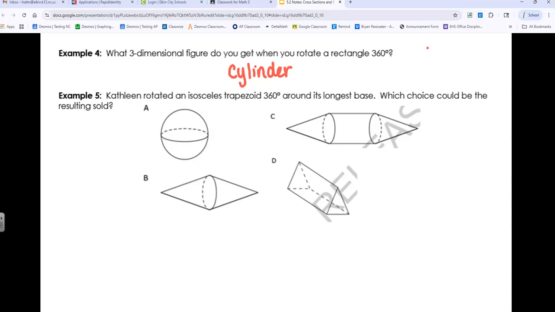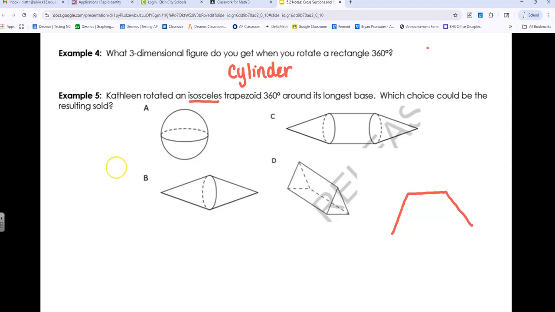All right. Okay. Kathleen rotated an isosceles trapezoid. I think this one's hard. Isosceles means two sides are the same, but it's a trapezoid. So let me draw an isosceles trapezoid for you.